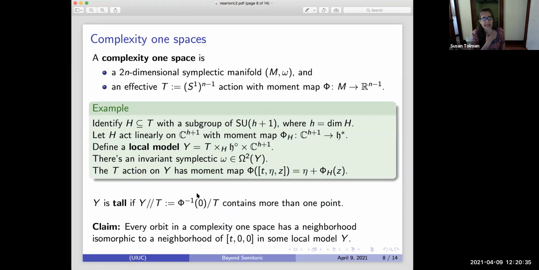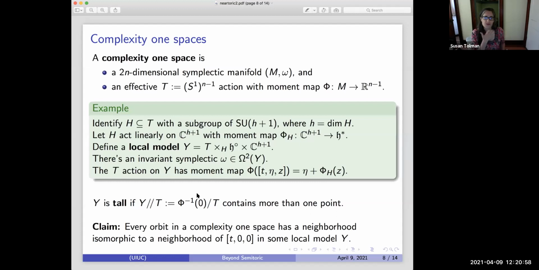The claim is that there's an invariant symplectic form on Y so that the T action on Y is symplectic, and the moment map just sends the point [t, η, z] to η plus the moment image of z under the H moment map.